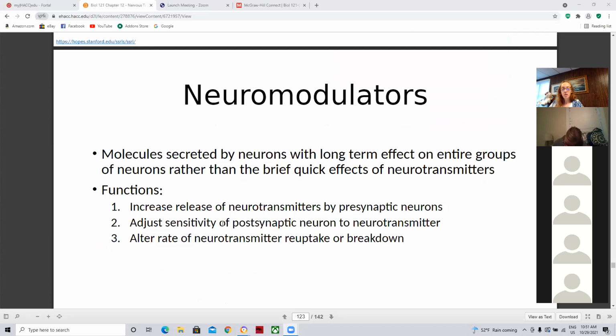Neuromodulators. So moving on, neuromodulators are molecules secreted by neurons with long-term effects on entire groups of neurons, rather than just the brief, quick effects of the neurotransmitters. So these have a longer effect than neurotransmitters, and they're going to affect a large group of neurons rather than individual neurons.